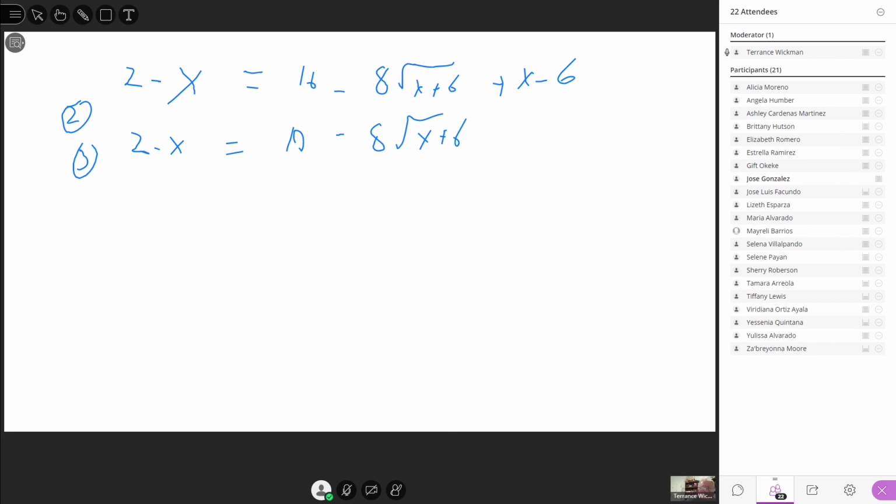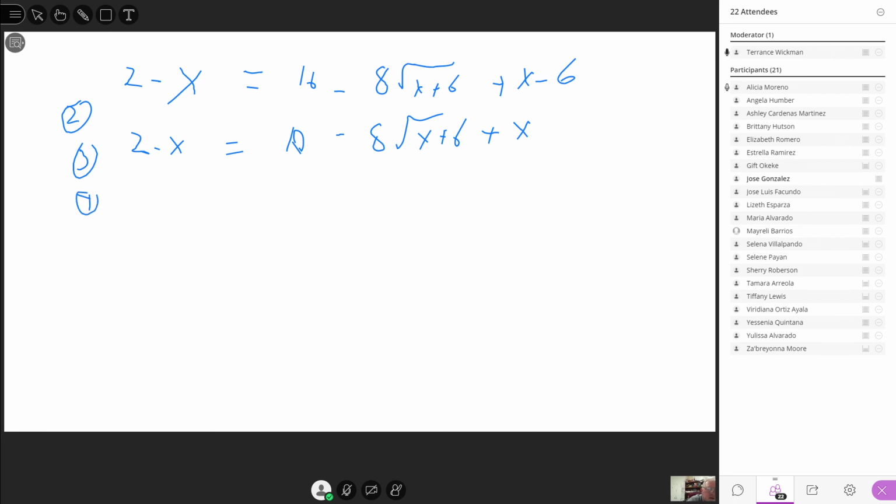Okay, now, what are we trying to get by itself? X. Okay. So what do we want to do? We got x on both sides. What would you do? Negative x. You want to get x on one side. So yeah, you'd subtract x from this side, subtract from the other side.